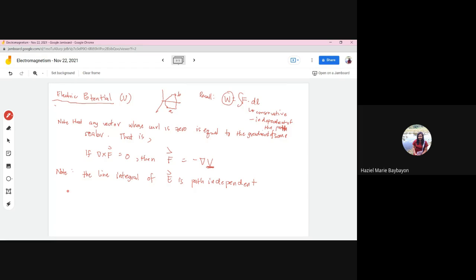So therefore, we can write V of R, the electric potential as a function of R, equal to the negative integral of E dot dl, suppose from 0 to R. So take note that your V of R here is called the electric potential.